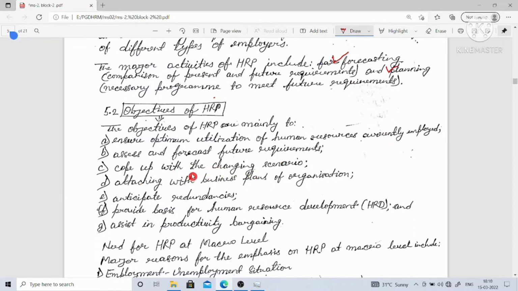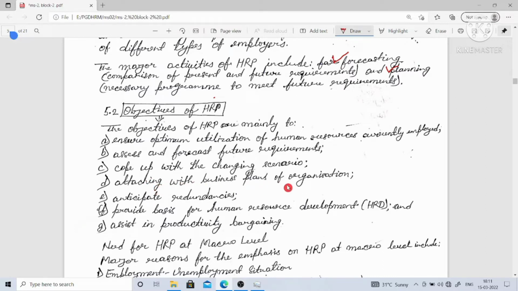Cope up with changing scenario meaning the environment is dynamic, the business environment is changing day by day, so the requirement of people in the organization also changes from day to day. So that changing scenario should be managed properly by human resource managers. Attaching with business plans of the organization means attach human resource planning with the business plan.